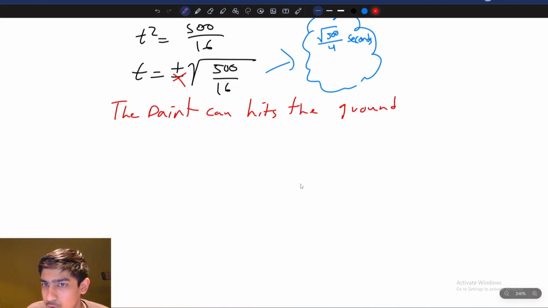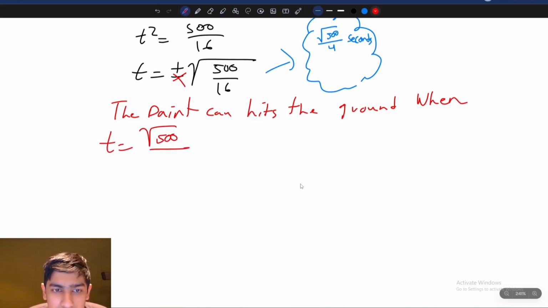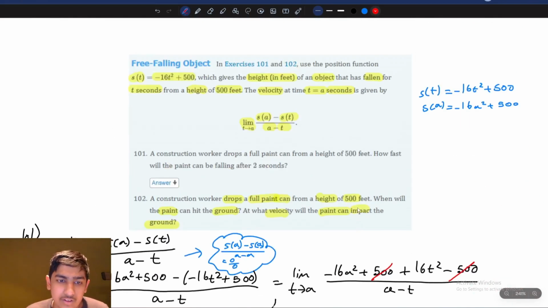Do as you are told in the instructions. So anyway, it hits the ground when t equals square root of 500 over 4 seconds. That's totally acceptable. So we just answered A.